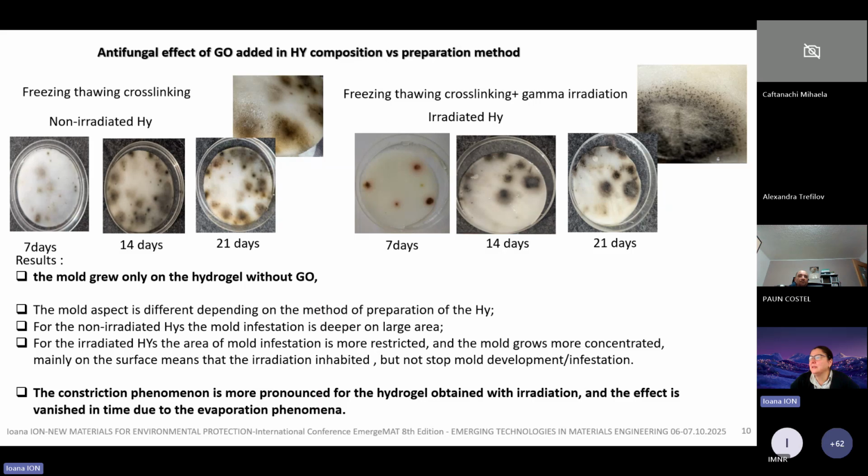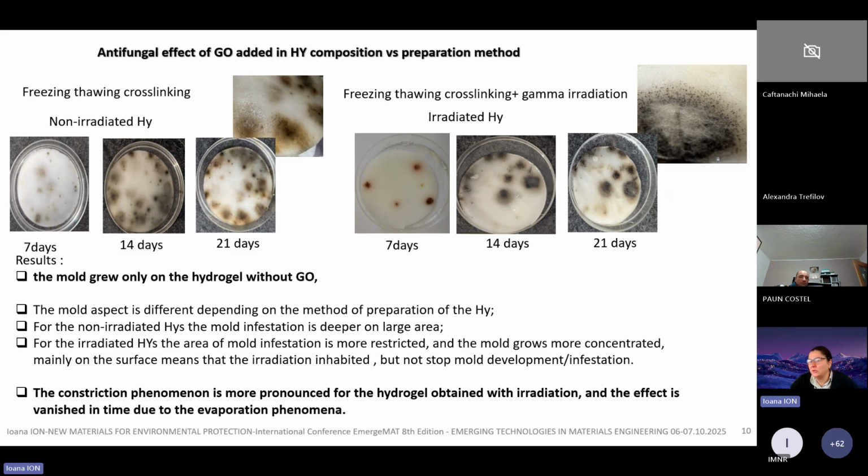The infestation is deeper and over a large area for the non-irradiated hydrogel, while for the irradiated hydrogel we can see a small infested area, more concentrated, and the network of the mold is more on the surface than inside.